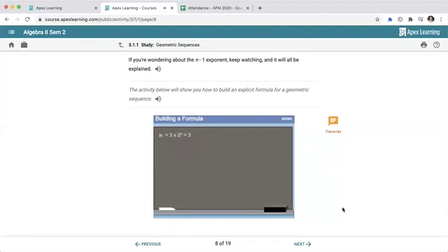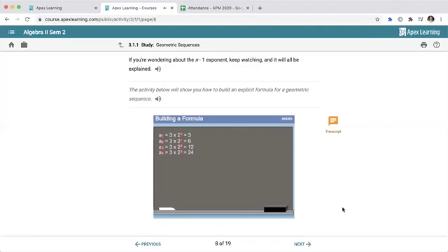To get the second term, start with 3 and multiply by 2 one time, or 2 to the first power. To get the third term, start with 3 and multiply by 2 twice, or 2 to the second power. To get the fourth term, start with 3 and multiply by 2 three times, or 2 to the third power. Notice that each of these numbers is 1 less than each of these numbers.